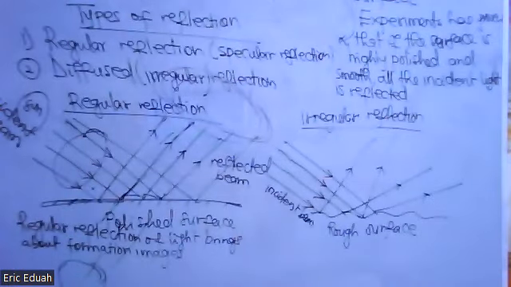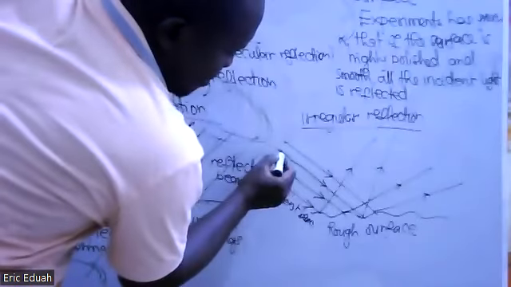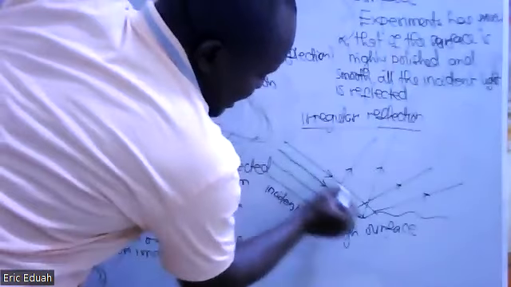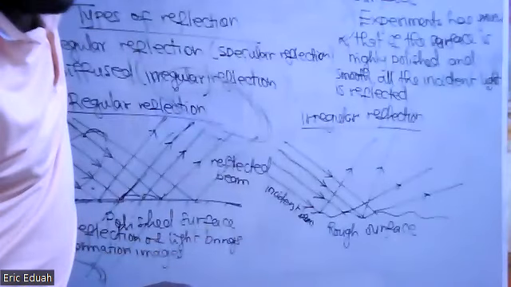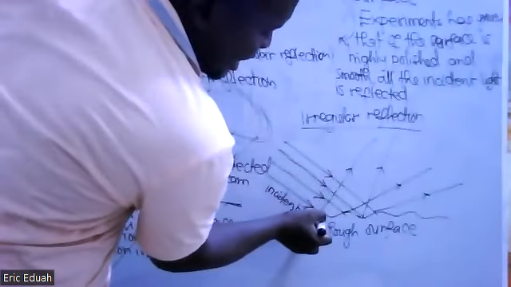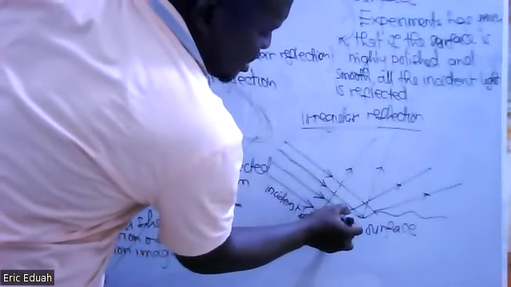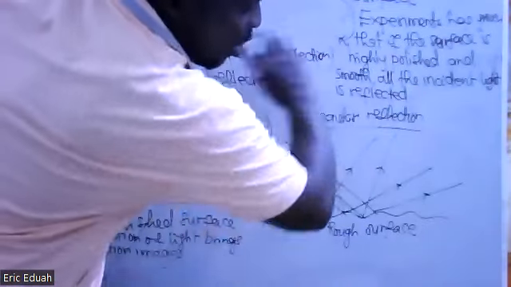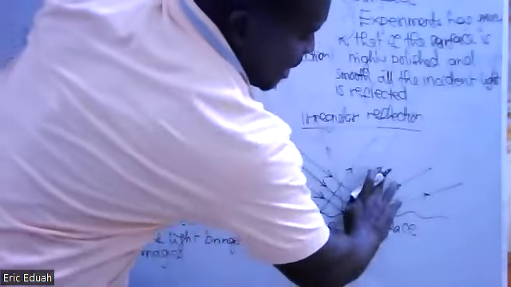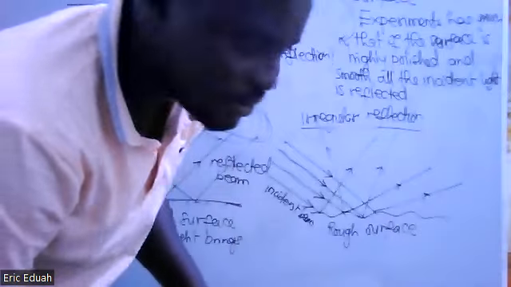Let's come to irregular reflection. With irregular reflection, the incident beam comes in with orderliness, but look at the reflected beam. The reflected beam is scattered at all angles due to the nature of the surface, rough. So here, no matter where you find yourself, you can have rays of light directed to where you are.